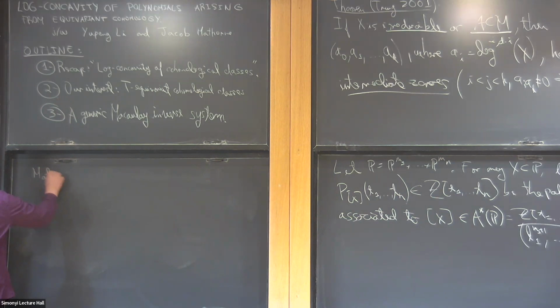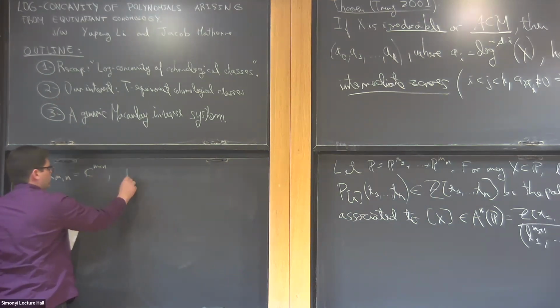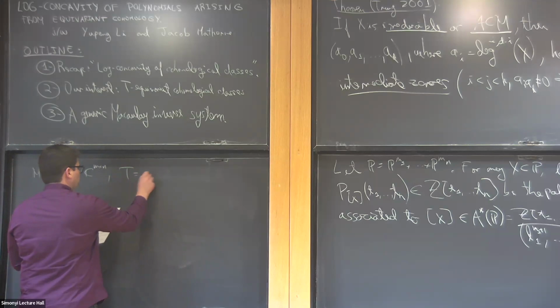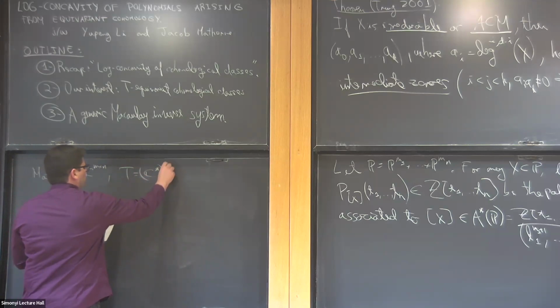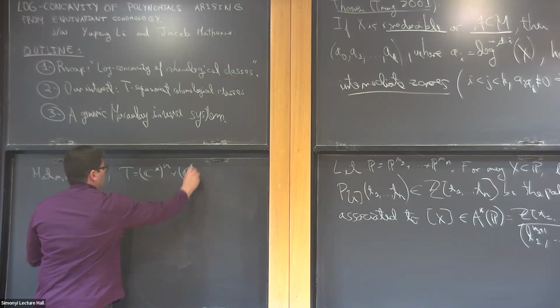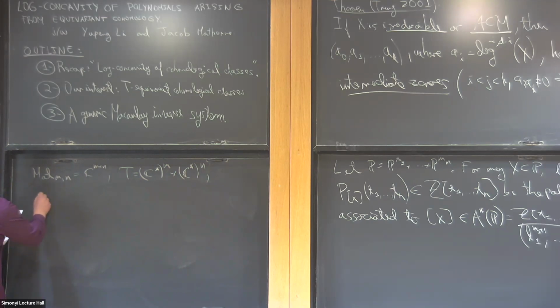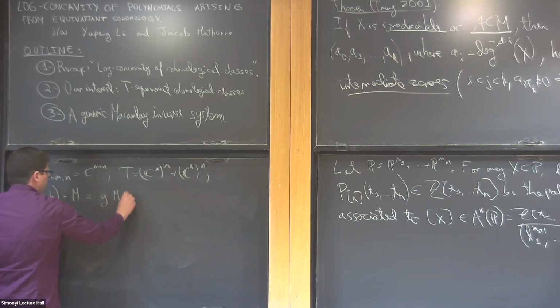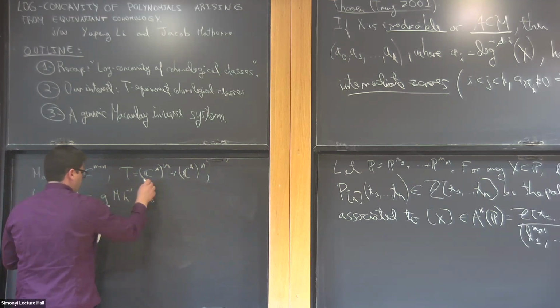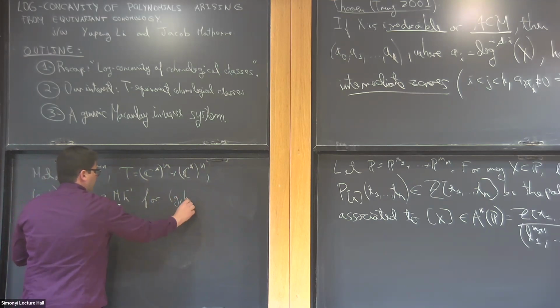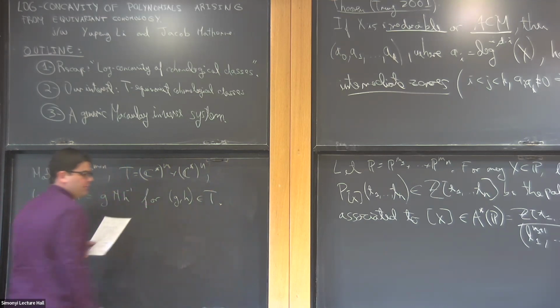Let's say that Mat M n is the space of m by m matrices, and then we have a torus with the following action, the usual action: (g, h) · m will be g m h⁻¹ for all elements in this torus.